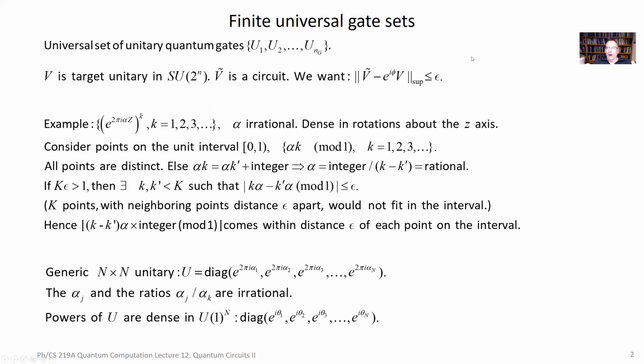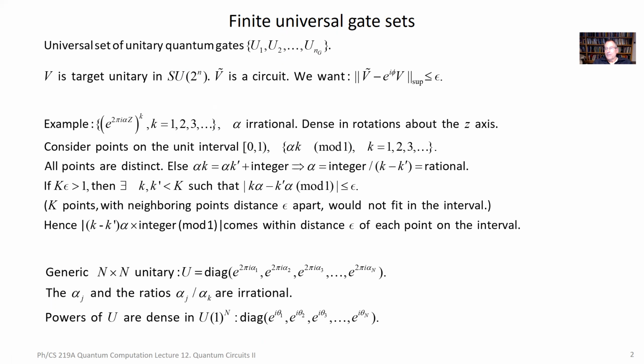So really what we want from our universal gate set is to be able to realize with circuits of finite size a dense subset of all the unitaries.